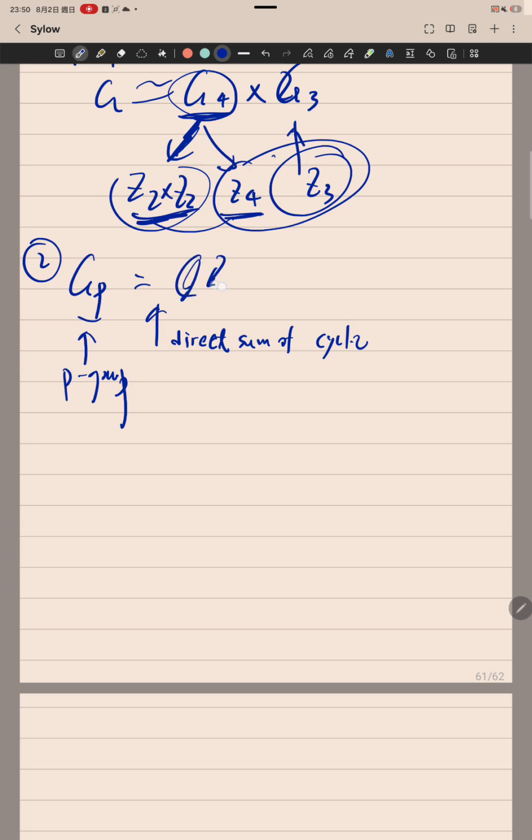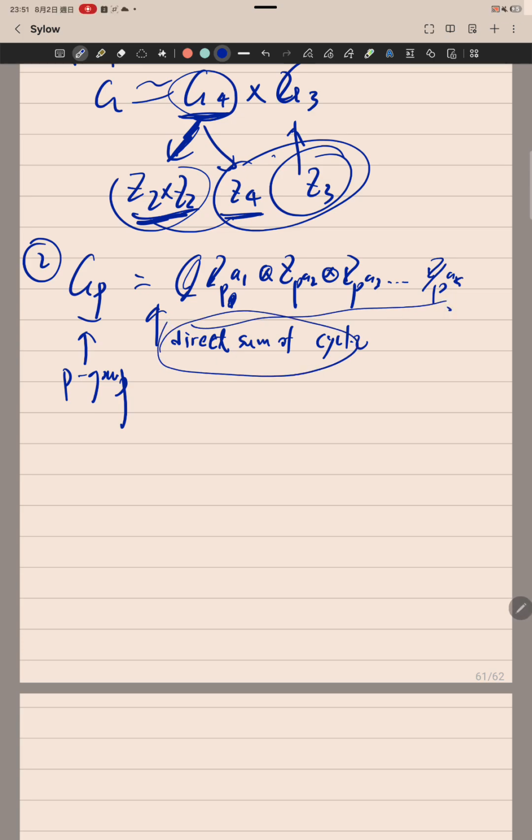So you have Z_{p^a1}, Z_{p^a2}, Z_{p^a3}, up to Z_{p^ak}. This is the direct sum of cyclic groups. To prove this part is much more difficult.